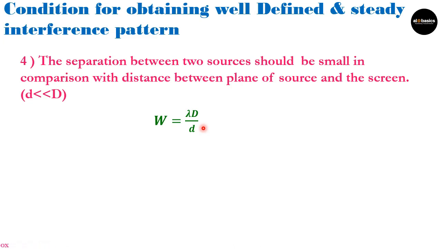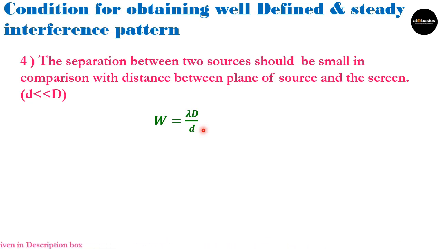Now in this expression you can see that fringe width is directly proportional to capital D, that is the distance between plane of source and screen, and it is inversely proportional to distance between the two sources, or separation between the two sources, and the pattern should be well defined. For that purpose, this D should be large and this d should be small.